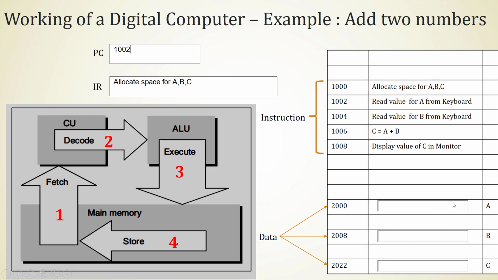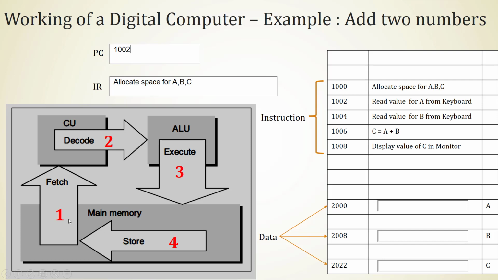In some other locations, some space will be allocated for A, some for B and some for C. So the execution of that statement is completed. Nothing to store. I already told you the fourth step is not mandatory.